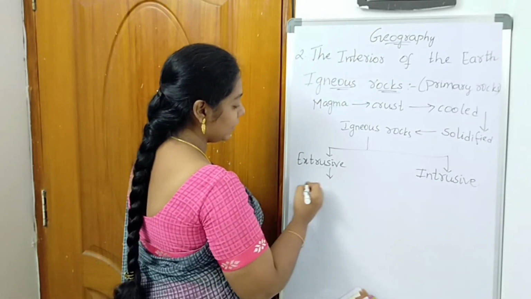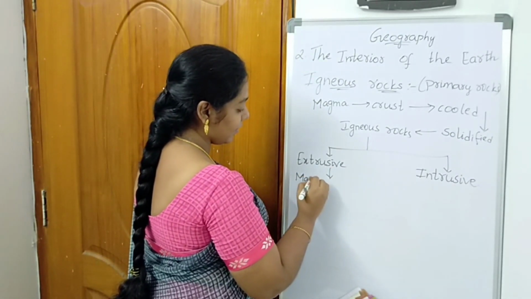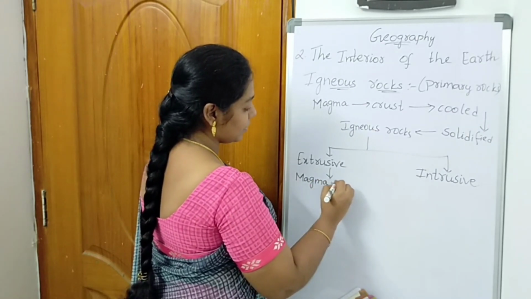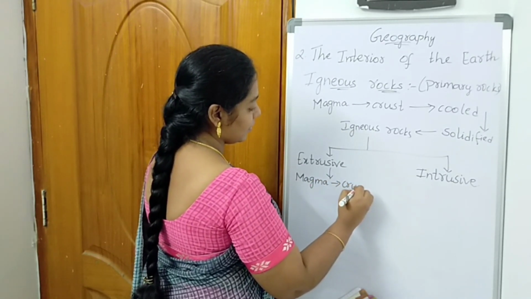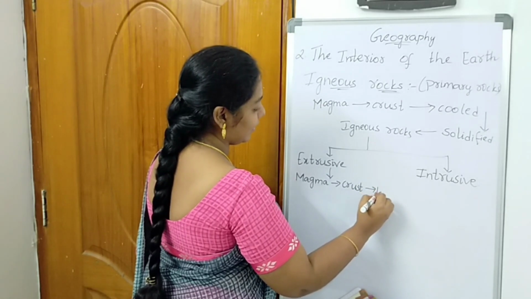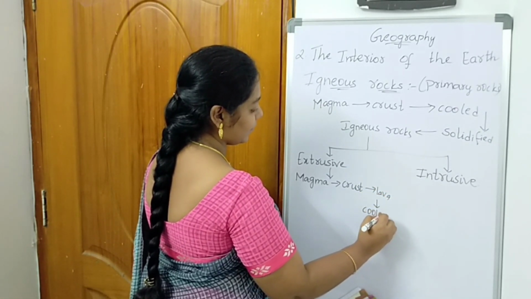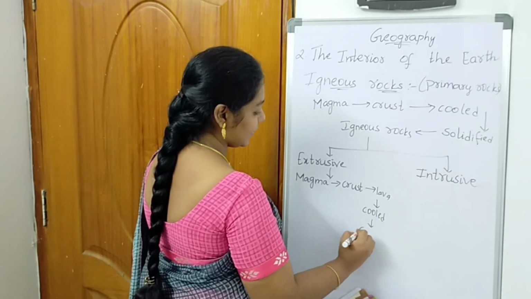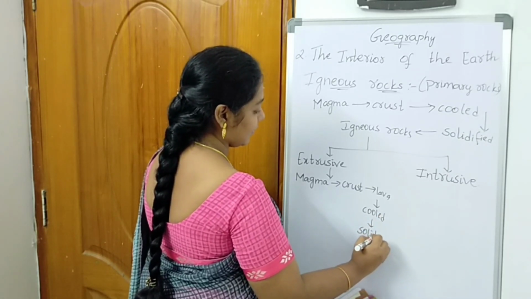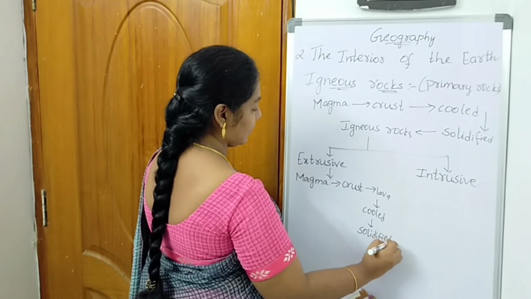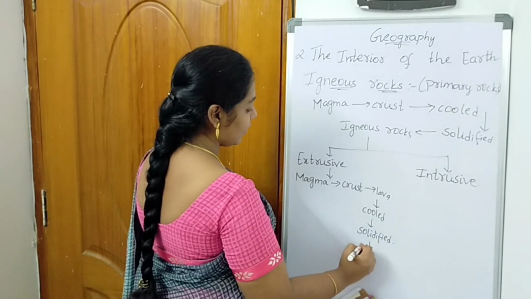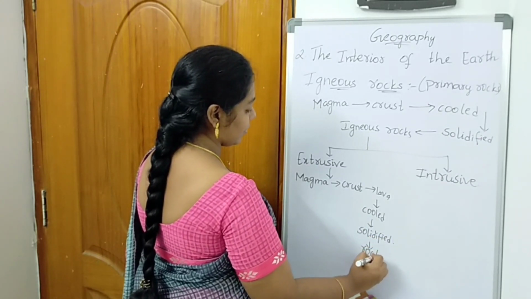So what is happening here? Magma has risen up to the earth's crust, that we call lava, cooled down there, solidified, thus forming extrusive rock.